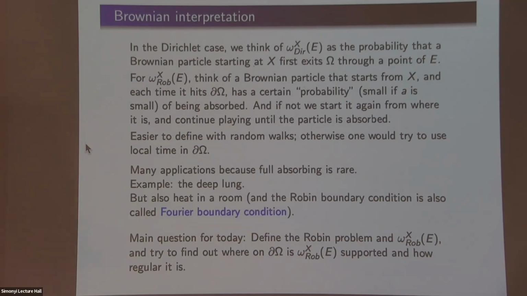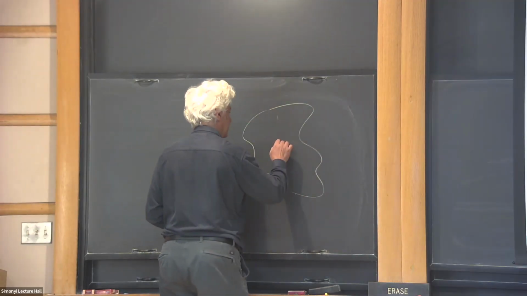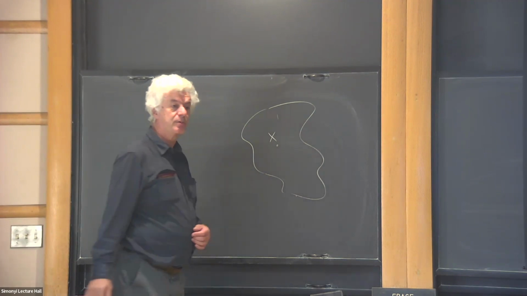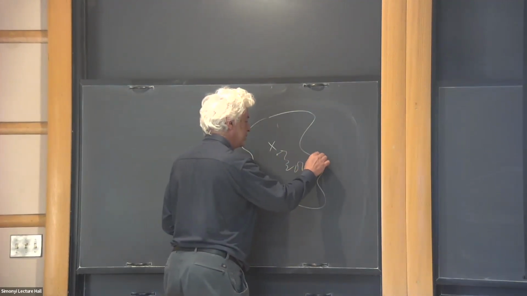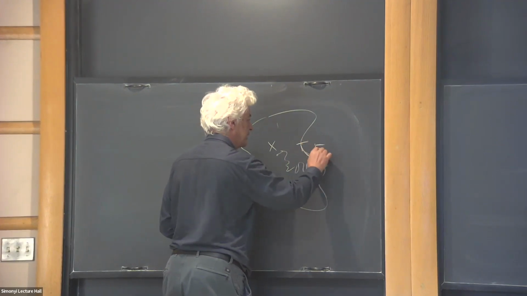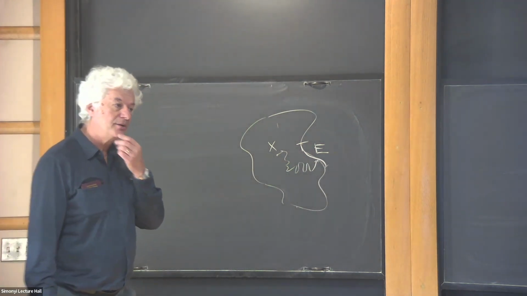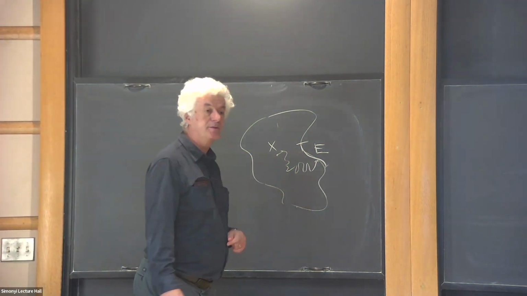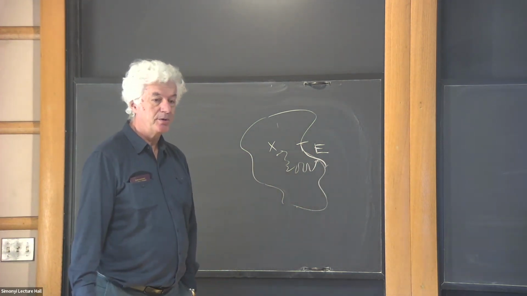It's hard not to talk about the Brownian interpretation of those things, but unfortunately, it's going to be less neutral. So let's say you pick a point x, you start Brownian motion here. At some point of time it hits. You count 1 if you were in the set E that you were computing the harmonic measure of, and you count 0 if you land outside, and that's the Dirichlet harmonic measure that you all know.